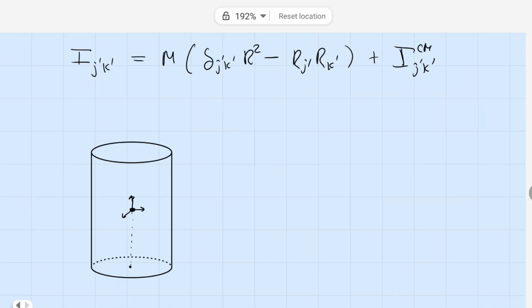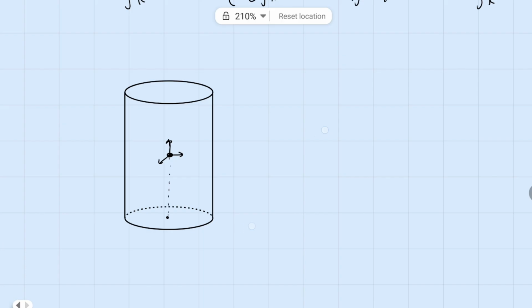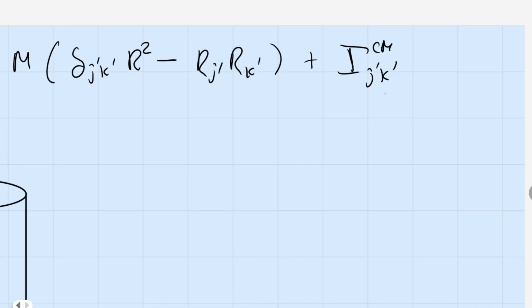Remember that this inertia tensor does not have to be necessarily the inertia tensor of the center of mass. It can just be the inertia tensor of a different coordinate system.